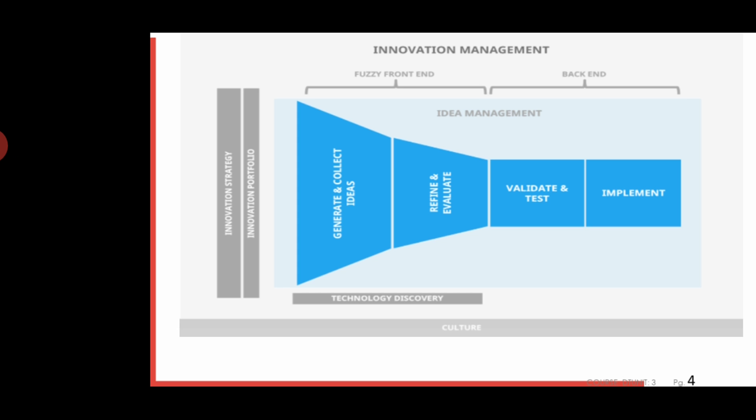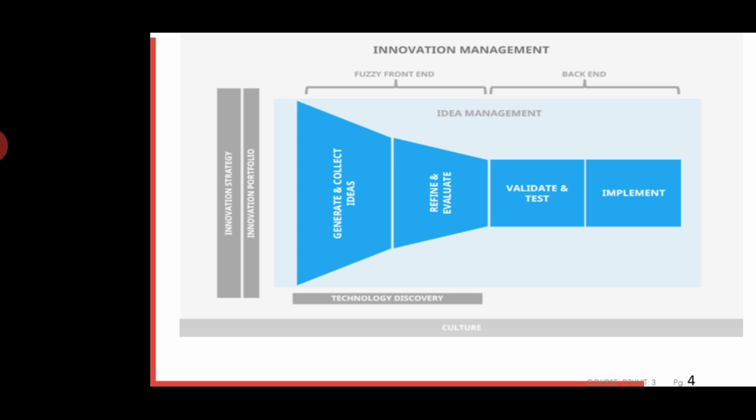For example, if we have to create one product, first of all we have to generate the ideas and collect them also, and then we have to refine and evaluate what that product's cost will be. We have to evaluate the particular product cost also. This is the fuzzy front end part. The idea management includes both generating and collecting ideas, and one more, refine and evaluate.